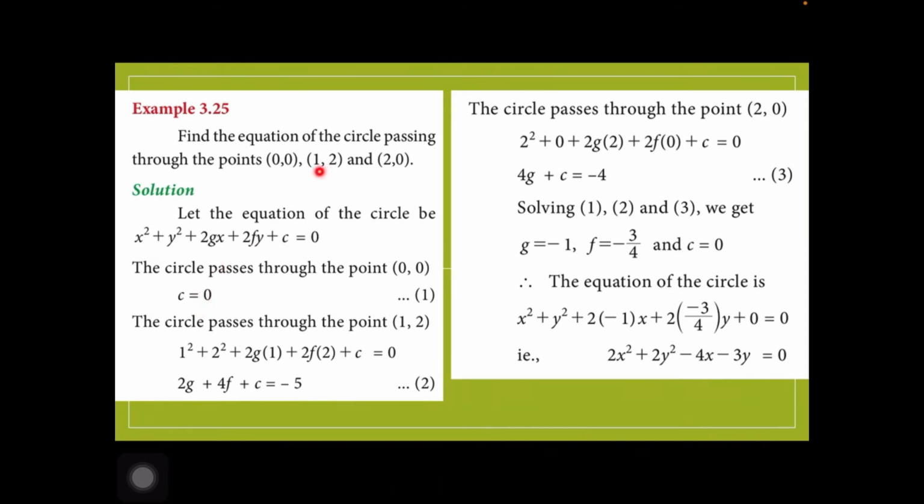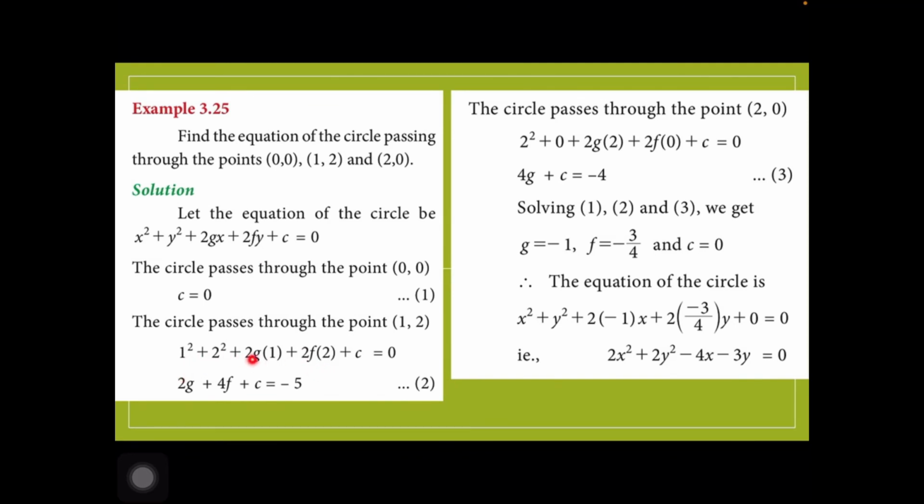What is the second point? It is (1, 2). Now, the circle passes through the point (1, 2). So, here also, instead of x you have to substitute 1 and instead of y you have to substitute 2. Okay. So, x square is 1 square, y square is 2 square, plus 2g into 1, plus 2f into, for y you have to substitute 2.